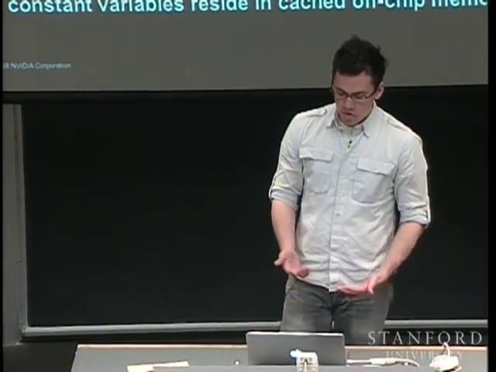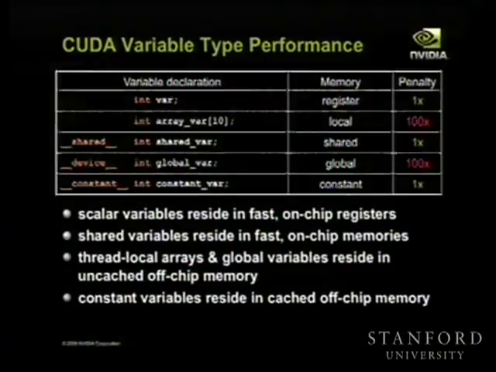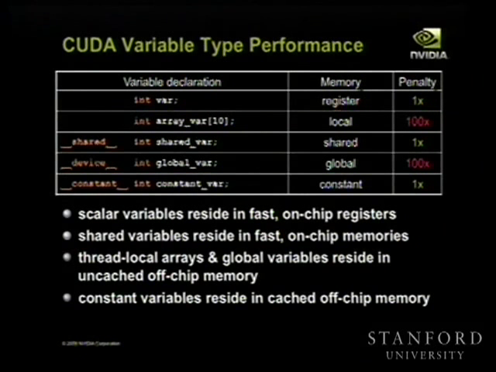And so this just reiterates where each of these variables is stored. Normal automatic variables like int var go right in the register. And the relative performance of access to these variables, we'll just say is 1x. So it's very fast, or I should say that the penalty of accessing these variables is small. It's just 1x.